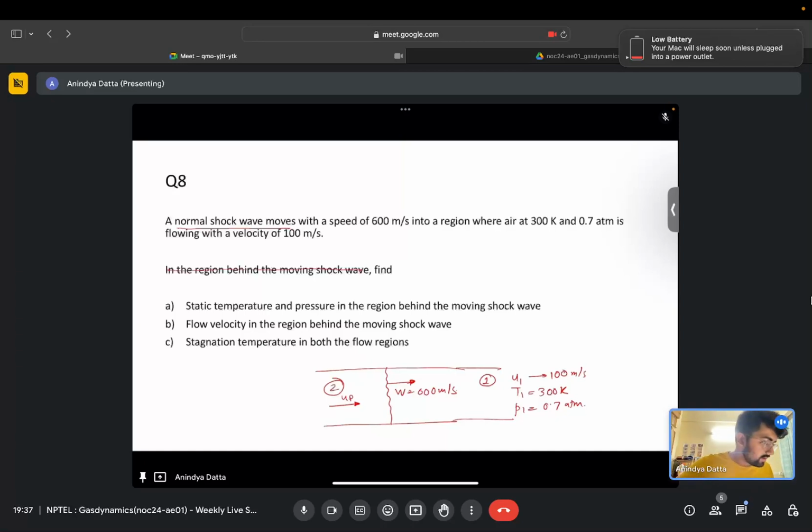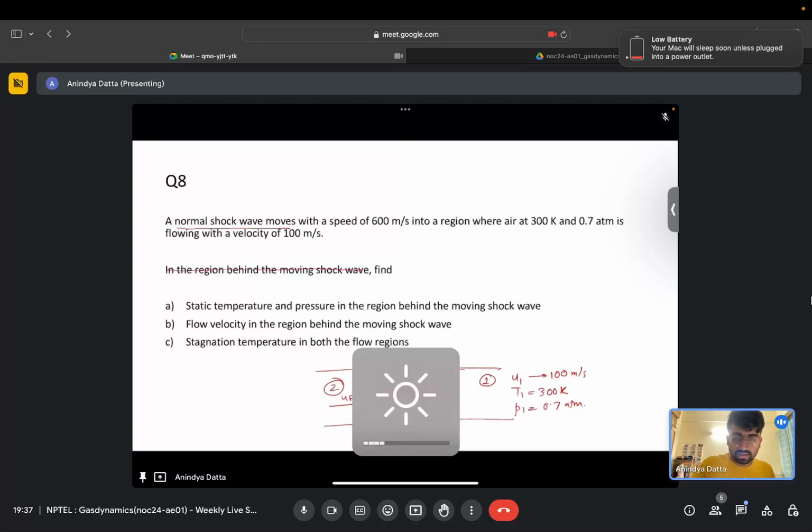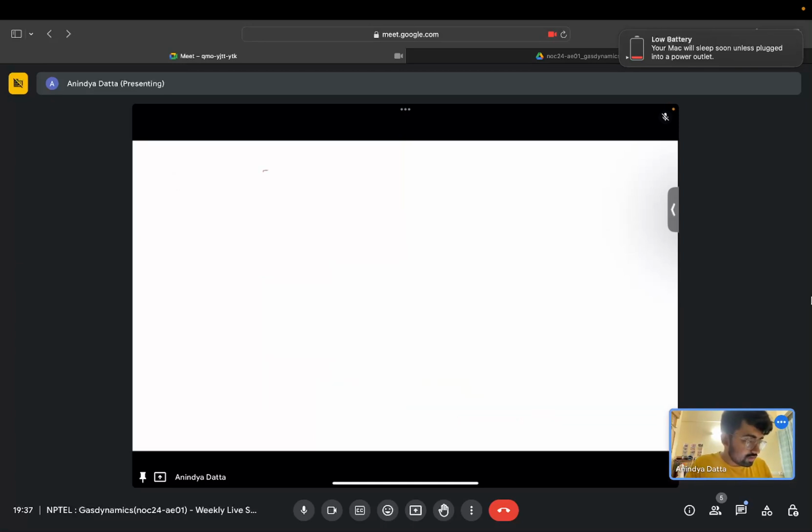So how do we solve the problem? What we do is we change the frame of reference so that this moving shock becomes a standing shock, that means we attach the frame of reference to be moving with the shock. Now our shock is stationary.